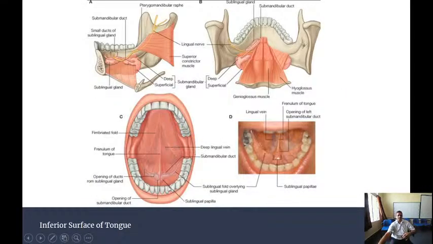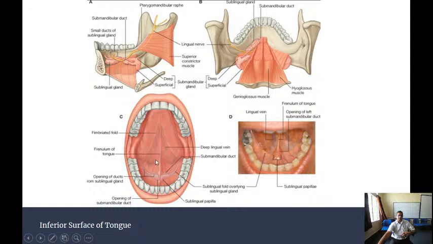So that is the mucous fold from the floor of the tongue, which comes to the anterior part of the tongue. That is the frenulum. Just at the junction with the floor of the oral cavity, there are two small projections where the submandibular salivary gland ducts open.